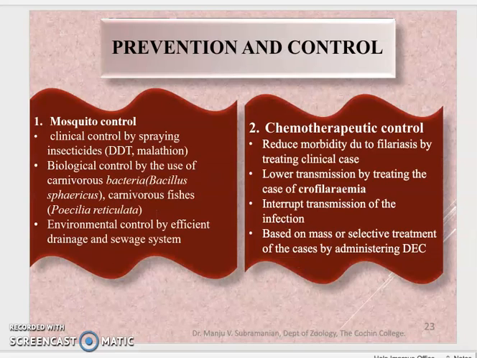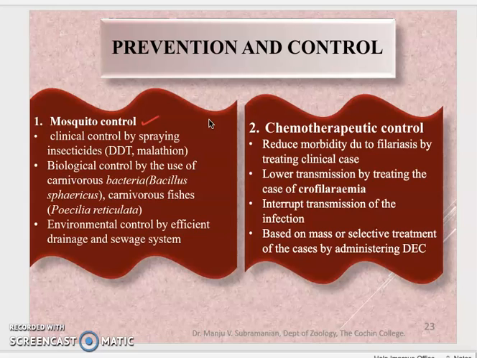Then about the prevention and control, the prevention focuses on protecting against mosquito bites in the endemic region. So the mosquito can be controlled so that the vectors can be prevented from transmitting this disease to the new host.